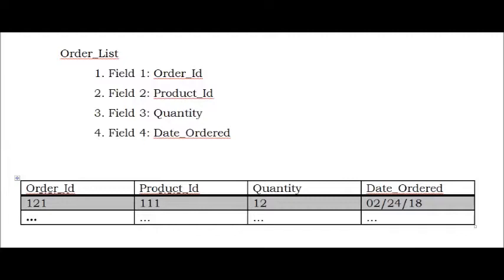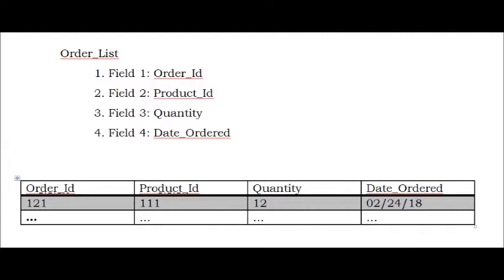So here I have an example of the intersection table or junction table that I represented as a table so that we can understand clearly what is the purpose of this attribute in the relationship. So I have the order ID, for example, 121. The product ID is 111.